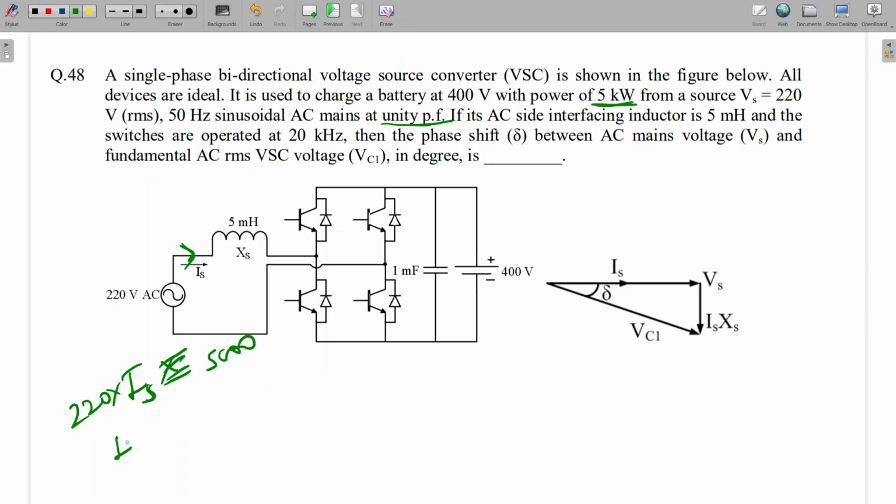What will be the IS value here? 5,000 divided by 220 is 22.72. So IS is 22.72.